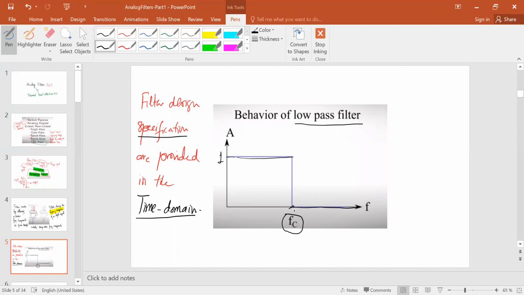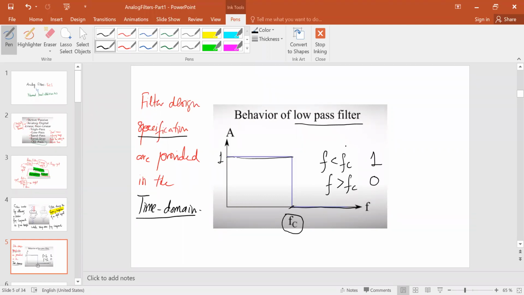We want that all the frequencies that are less than FC, we should get an amplitude of 1. All the frequencies which are greater than FC, the corner frequency, we should get 0. So it means we are completely stopping the frequencies greater than FC, and all the frequencies which are less than FC are allowed.